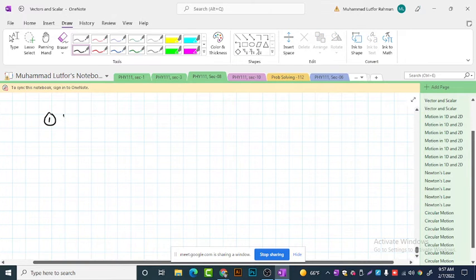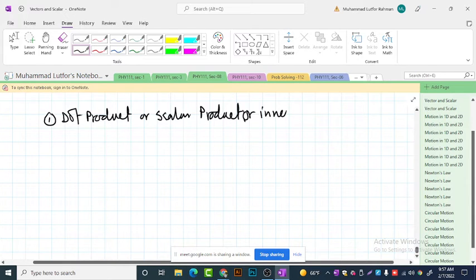So the dot product, or sometimes we say the scalar product, or sometimes also we say this is the inner product. Inner product, we use that keyword in the case of quantum mechanics.